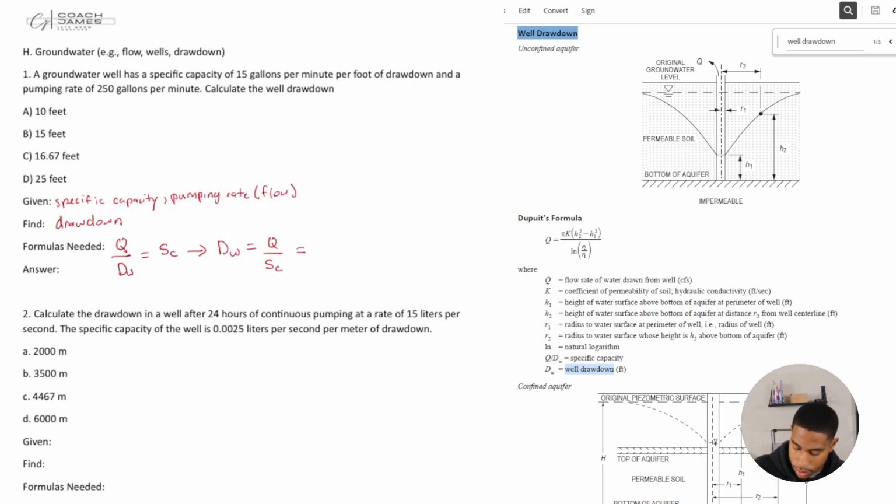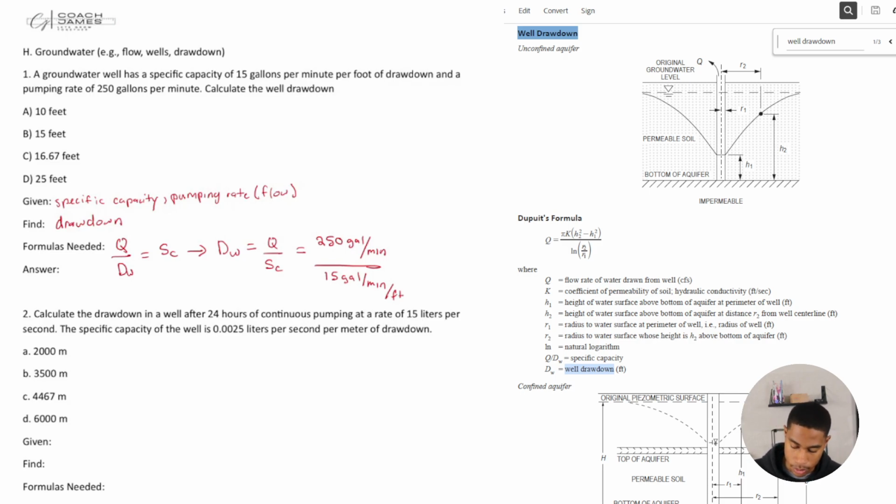My flow is 250 gallons per minute, all divided by my specific capacity, which is 15 gallons per minute per foot of drawdown. All right.